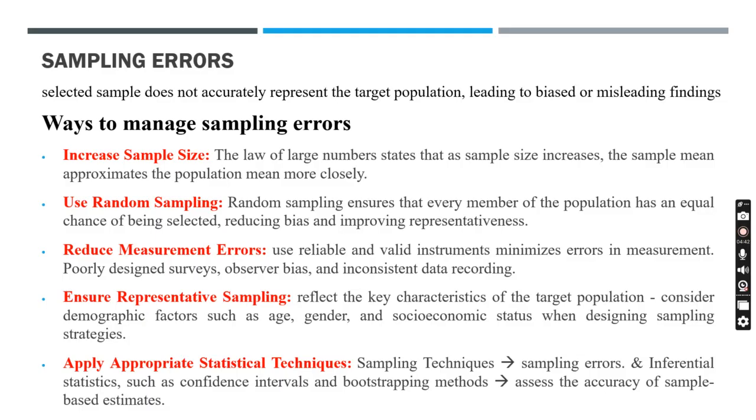These statistics can help you determine whether the sample estimation you are doing is accurate or not. So I have to use appropriate sampling techniques and test them with inferential statistics.